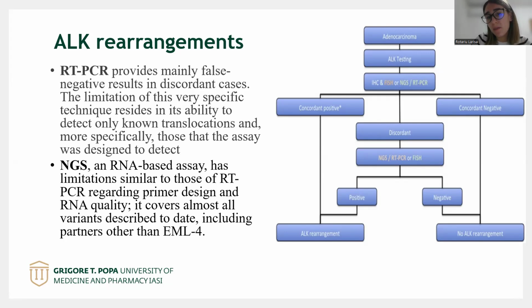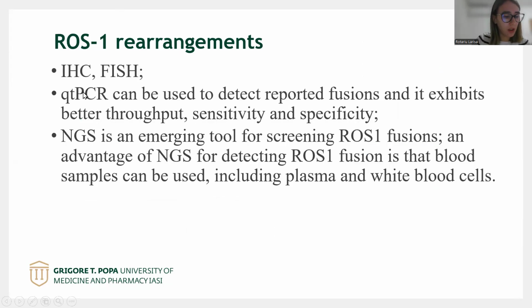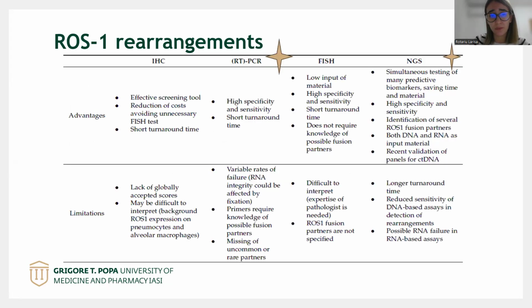Maybe NGS would be a better option because it covers almost all variants described to date, including partners other than EML4. About ROS, we can use immunohistochemistry for screening. However, in positive cases, the concordance rate can be as low as 79%, indicating the necessity for a confirmation test. We can use here PCR, quantitative PCR, to detect reported fusions, but NGS in this case is preferred.